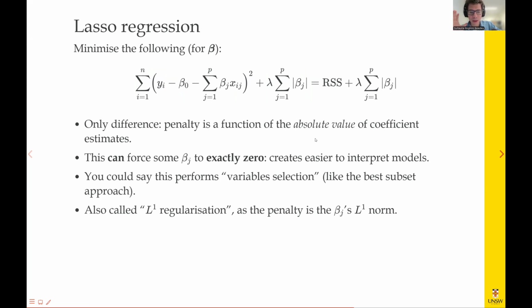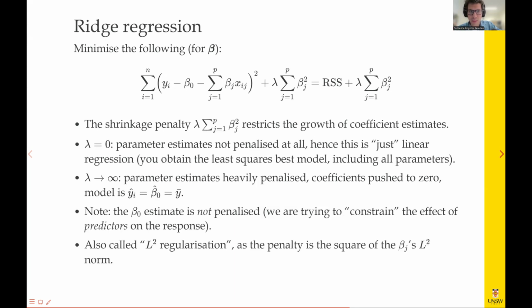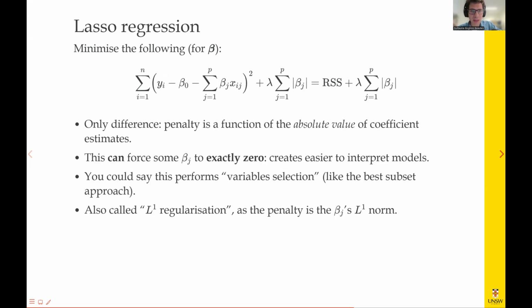Now, there's one big difference conceptually or in the results between ridge and lasso, and we're going to illustrate that, which is this. Under the lasso, you can theoretically force some betas to exactly zero. So it's not only that some betas are going to shrink to very small quantities, some will actually, in the new optimum solution for the betas, be zero. Now, why this is, frankly, it's not obvious.